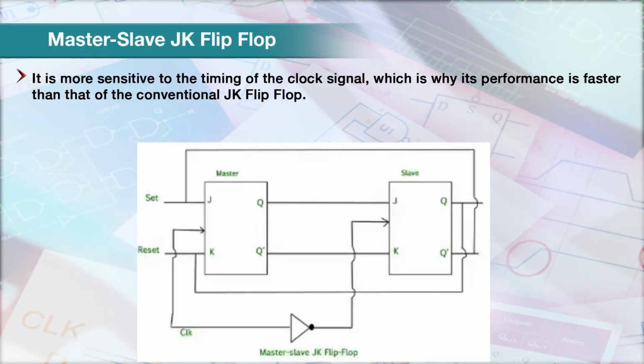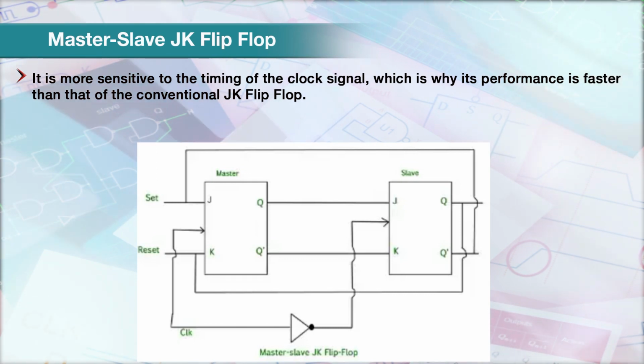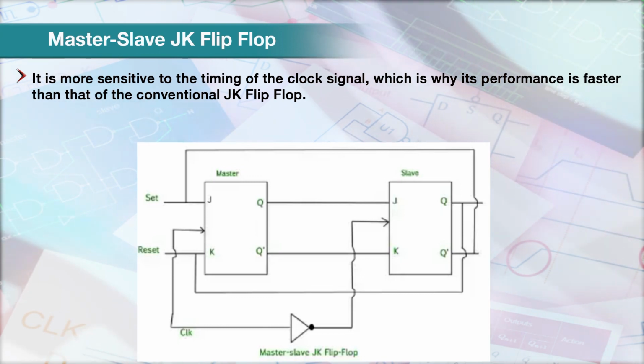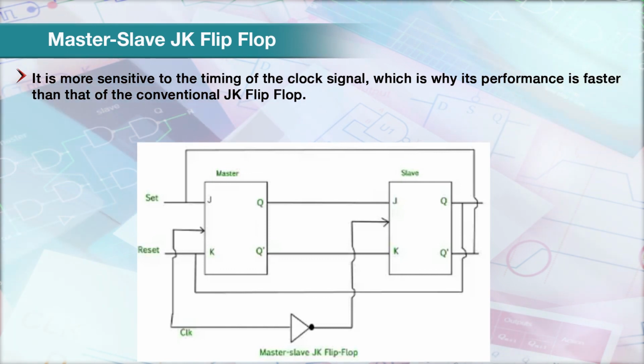Hence, it provides reliable operation in high speed circuits. It is more sensitive to the timing of the clock signal, which is why its performance is faster than that of the conventional JK flip flop.